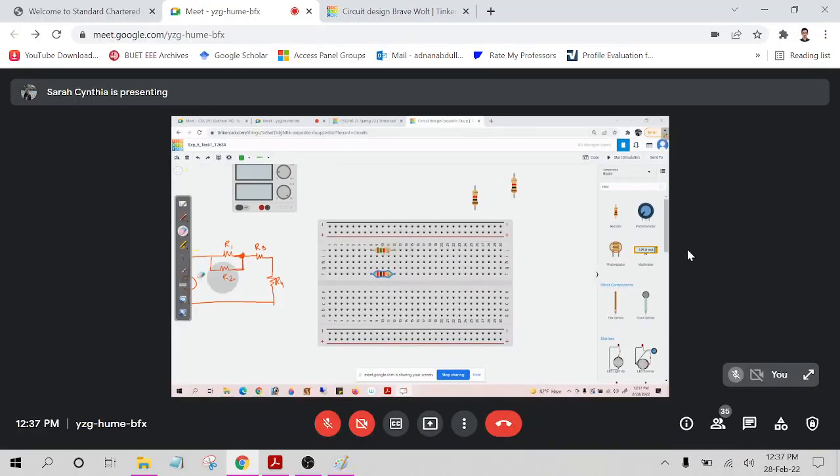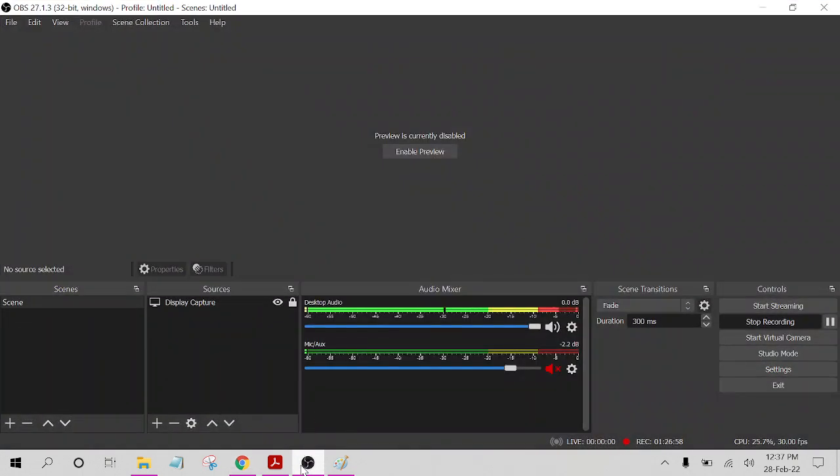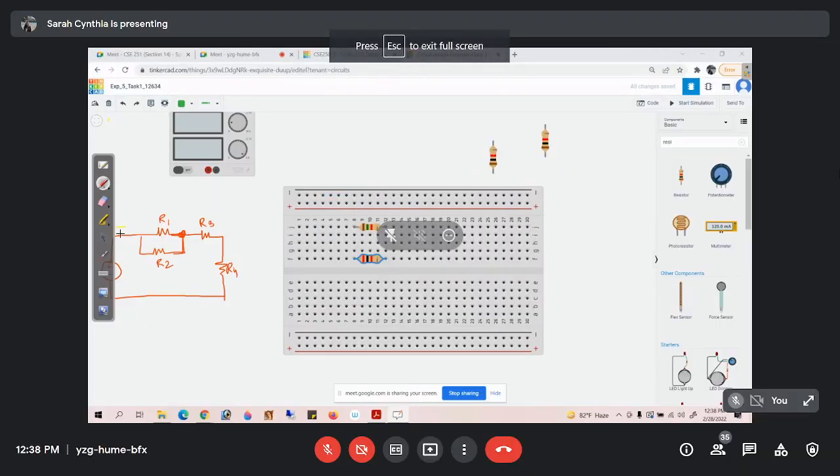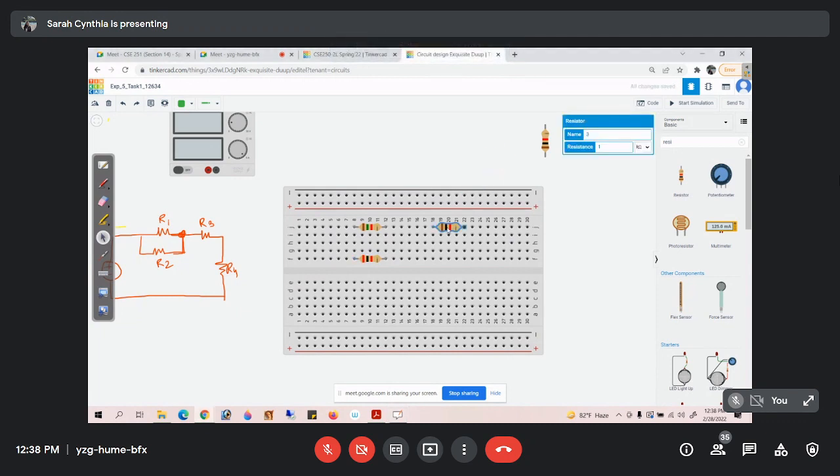Do we all understand what I'm trying to say? Yes, ma'am. So in order to connect R3, I can directly put R3 over here. Let me rotate it a bit. So I can directly put R3 over here. Do we all understand what I'm trying to do? Yes, ma'am.